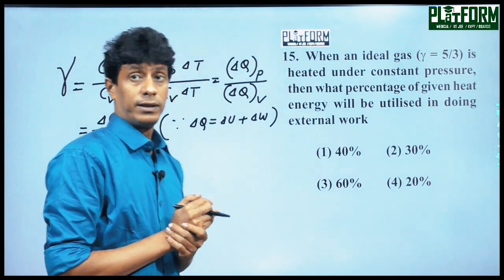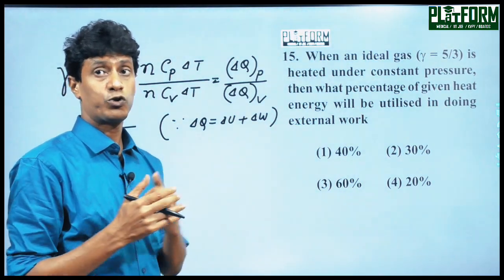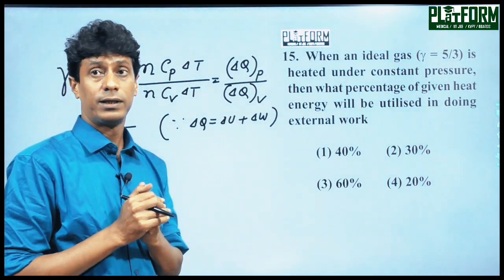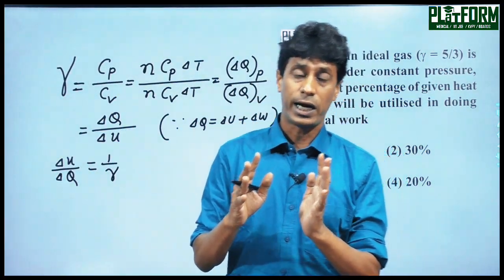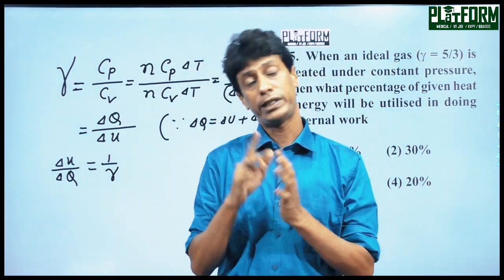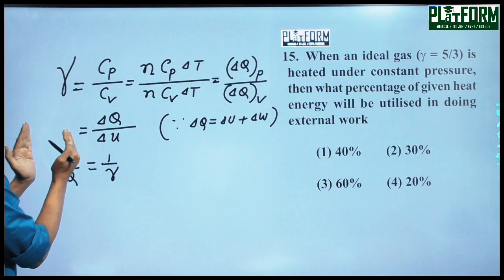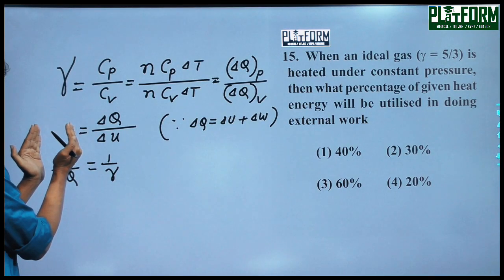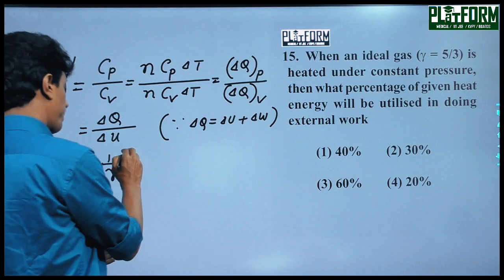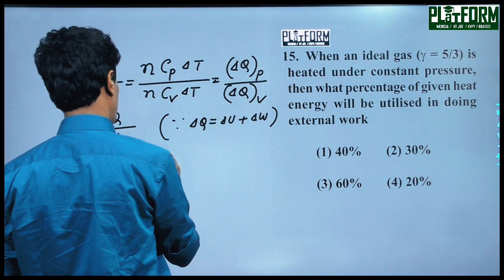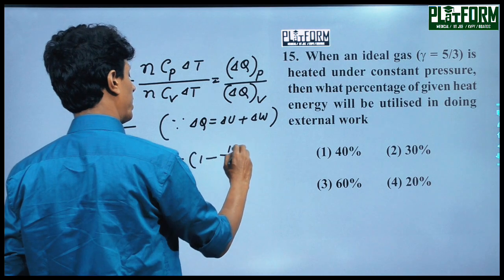It is very important. Gamma represents the ratio of the heat supplied to the gas at constant pressure to the heat supplied at constant volume. The value of gamma is equal to Cp by Cv, but conceptually gamma signifies the ratio of the heat supplied at constant pressure to the heat supplied to the same gas at constant volume. So the fraction of the energy utilized to the total heat supplied is equal to 1 by gamma. Similarly, from the first law of thermodynamics, del W by del Q is equal to 1 minus 1 by gamma.